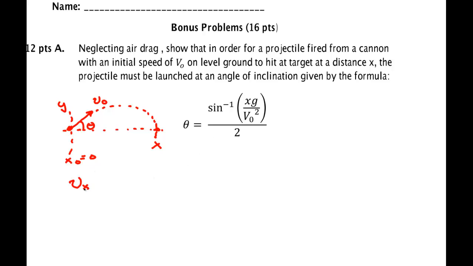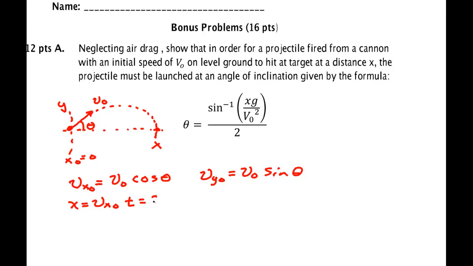Main thing to know is that in the x direction we have this component of the initial velocity, v0 cosine theta, and our y component of the initial velocity is v0 sine theta. The distance traveled is equal to the speed in the x direction times t, which gives v0 cosine theta times the time.